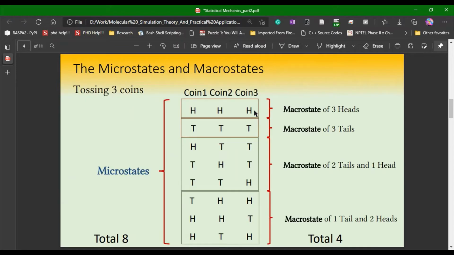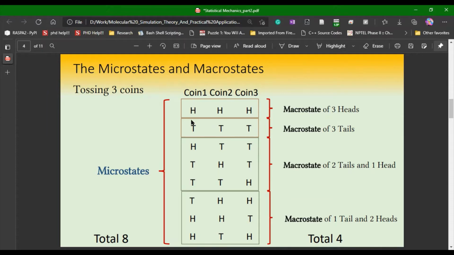To understand some concepts of StatMech, we need to understand the terminologies involved. One of the most important terminologies are the microstate and the macrostate. Let's take a very easy example of tossing coins. Let's say we toss 3 coins and observe the outcome. The number of all the possible outcomes are listed here.